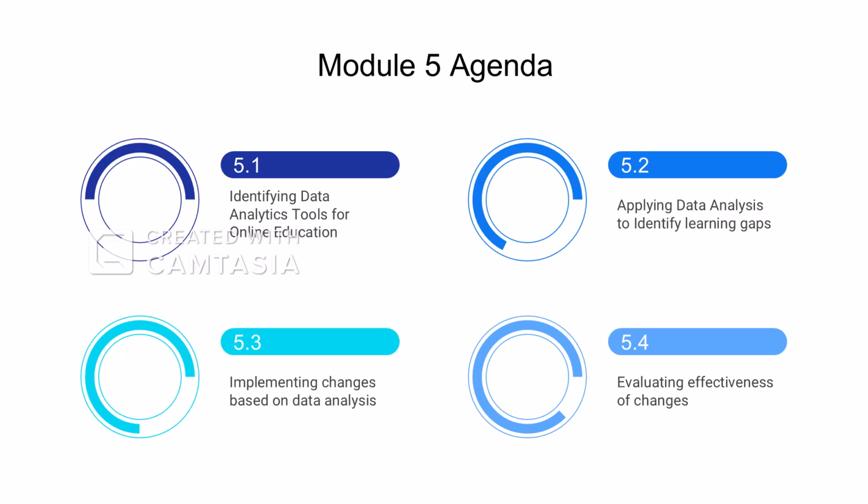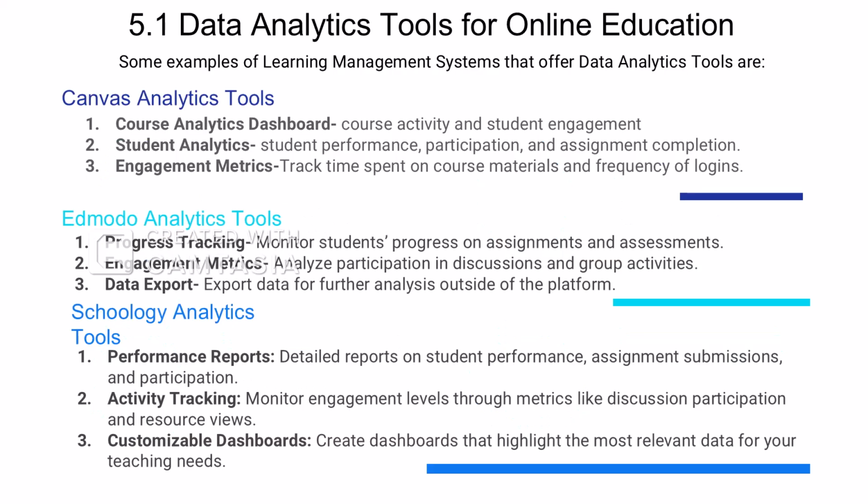For part 5.3, I have implementing changes based on data analysis. We will review a few steps to do that. And then same for 5.4, we will be reviewing steps on evaluating effectiveness of changes. Then at the end, you will also have a quiz and a feedback forum where you can provide your feedback for this module. So let's get started.